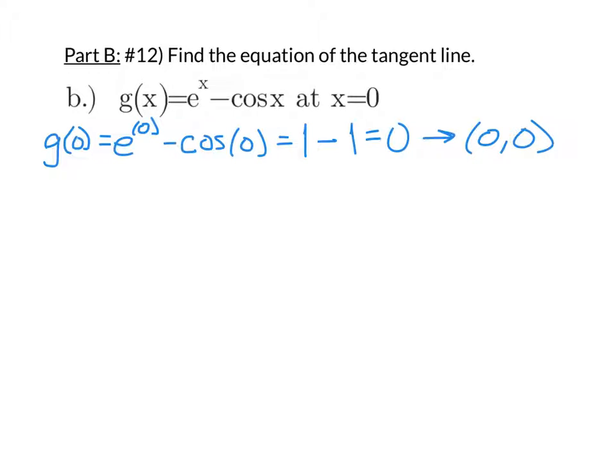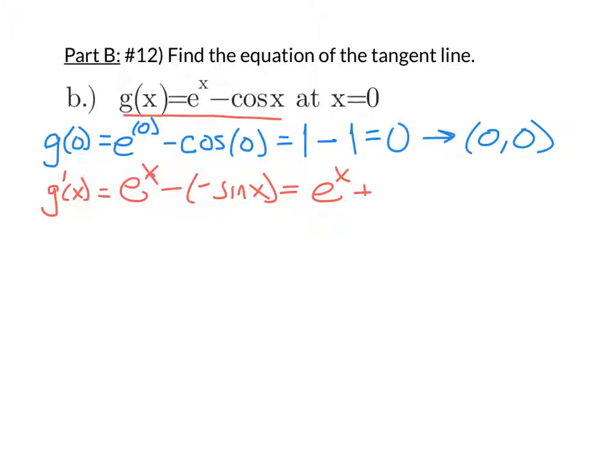The next thing we have to do is find the slope. That's going to come from the derivative. And the derivative of g of x is going to be the derivative of e to the x, which is e to the x, minus the derivative of cosine, which is negative sine. Simplifying that expression, we get e to the x plus sine of x.